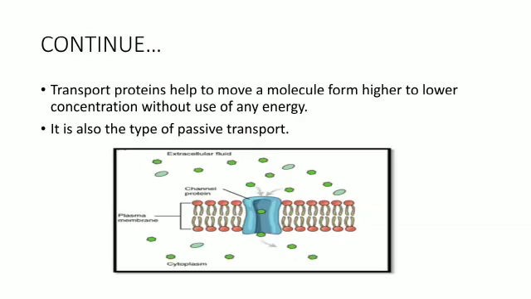Transport proteins help to move a molecule from higher to lower concentration without the use of any energy. It is also a type of passive transport. So dear students, as I have told you, diffusion is also known as passive transport because it does not require any kind of energy, and like simple diffusion, facilitated diffusion also does not require any energy. So here, dears, in this diagram a cell membrane is given.